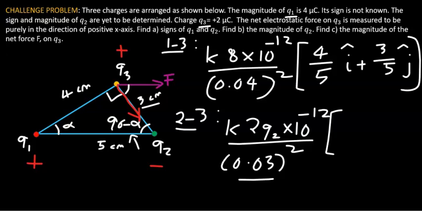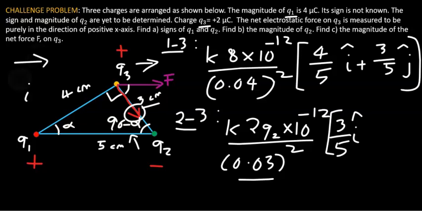And sine of alpha is 3 over 5. So 3 over 5 i hat, because the x component of this attractive force is going in that direction. We are taking this direction to be the positive x-axis direction with a unit vector i hat. That direction is the positive y-axis direction with a unit vector j hat.